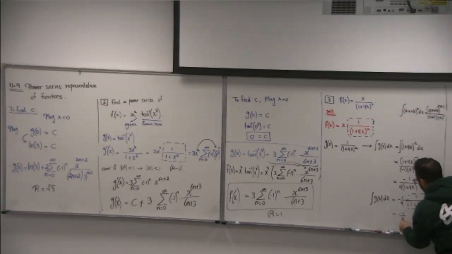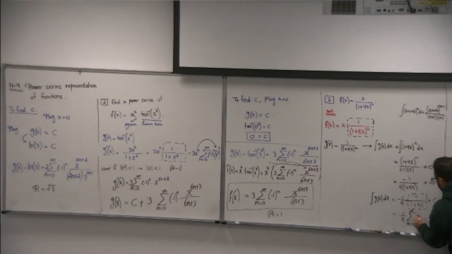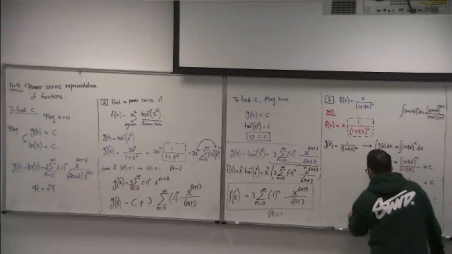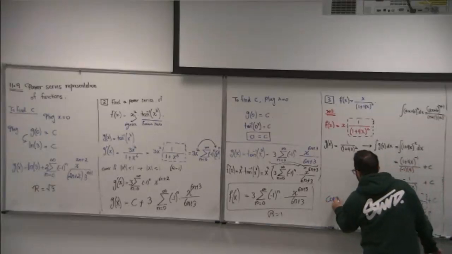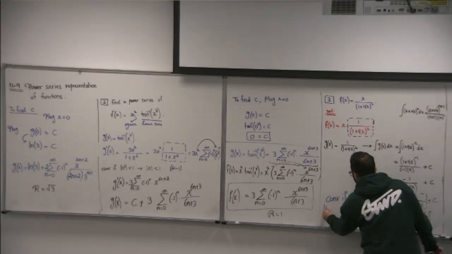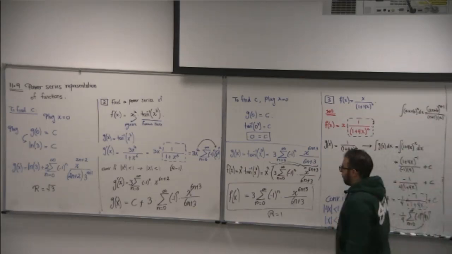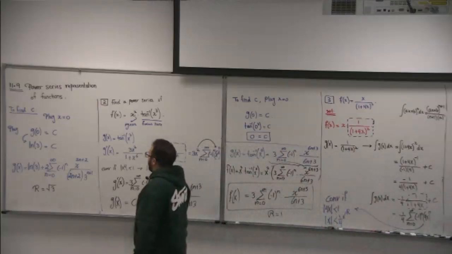So minus 1 over 4 series minus 1 power n, the box power n. Now, this guy converges if the absolute value of 4x, the box, is less than 1, which means the absolute value of x is less than 1 over 4, and that's the radius. Okay? That's the radius.